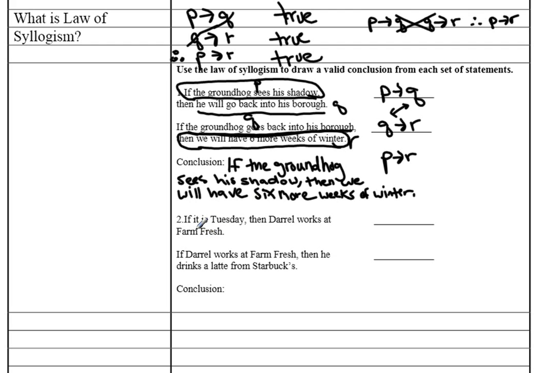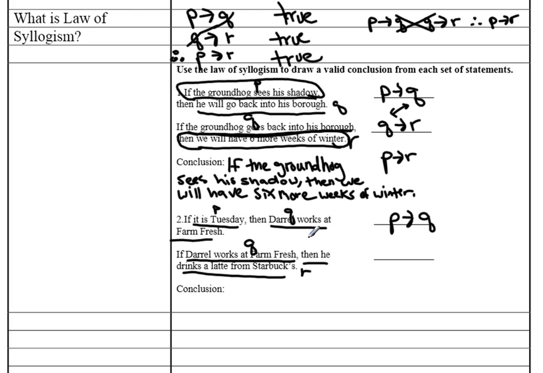Okay, the next example, we want to see if the law of syllogism is used to draw valid conclusions. So if it is Tuesday, which is P, then Daryl works at Farm Fresh. So that's Q. So if P, then Q. If Daryl works at Farm Fresh, well, we already know that Q is Daryl working at Farm Fresh, then he drinks a latte from Starbucks.